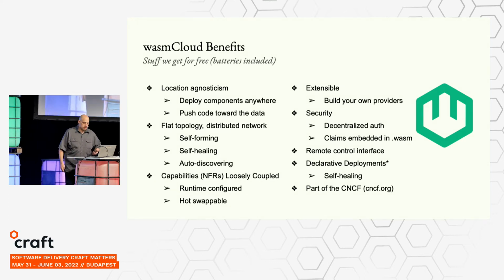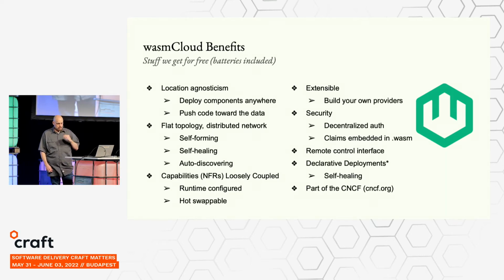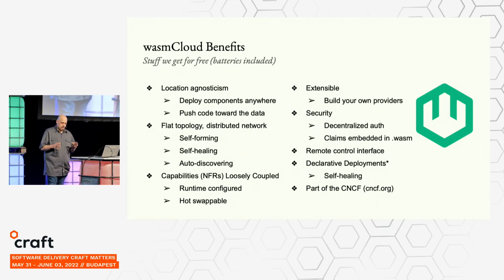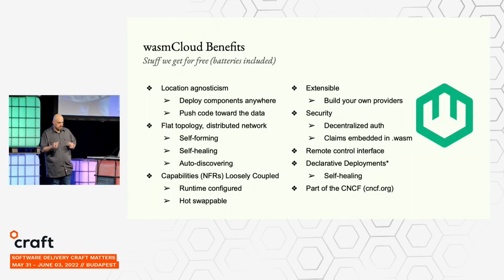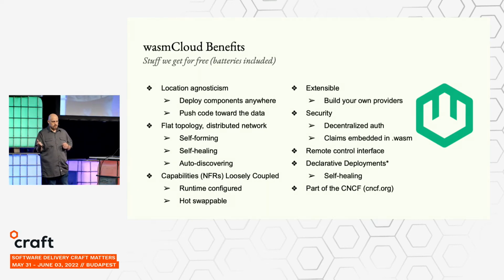It uses decentralized security. So one of the things that really bothered me about deploying Docker in production is that in order to validate a Docker image, I needed to consult some other authority. And if that authority was unavailable, I couldn't do anything.